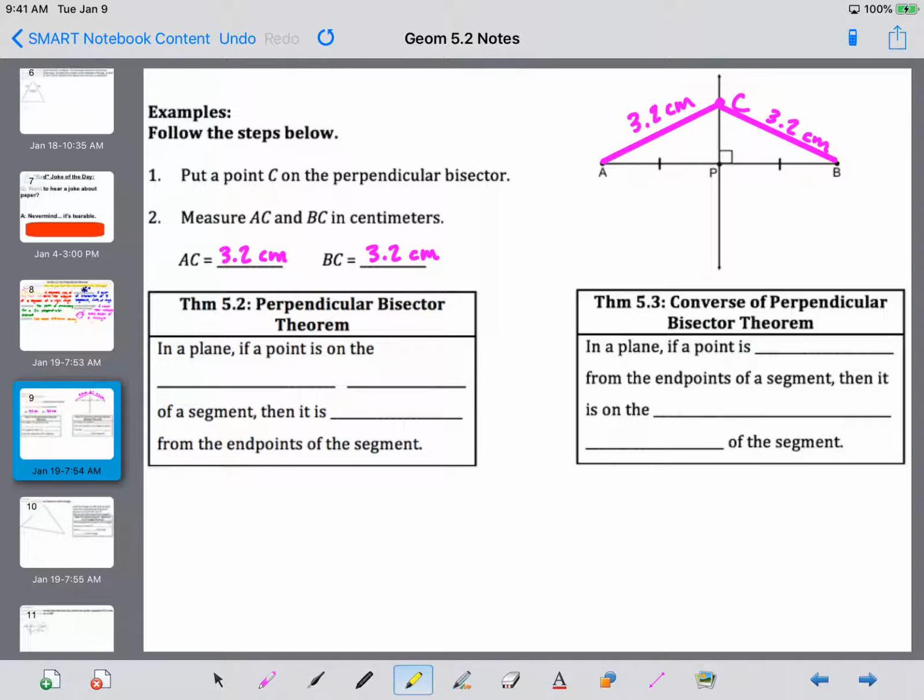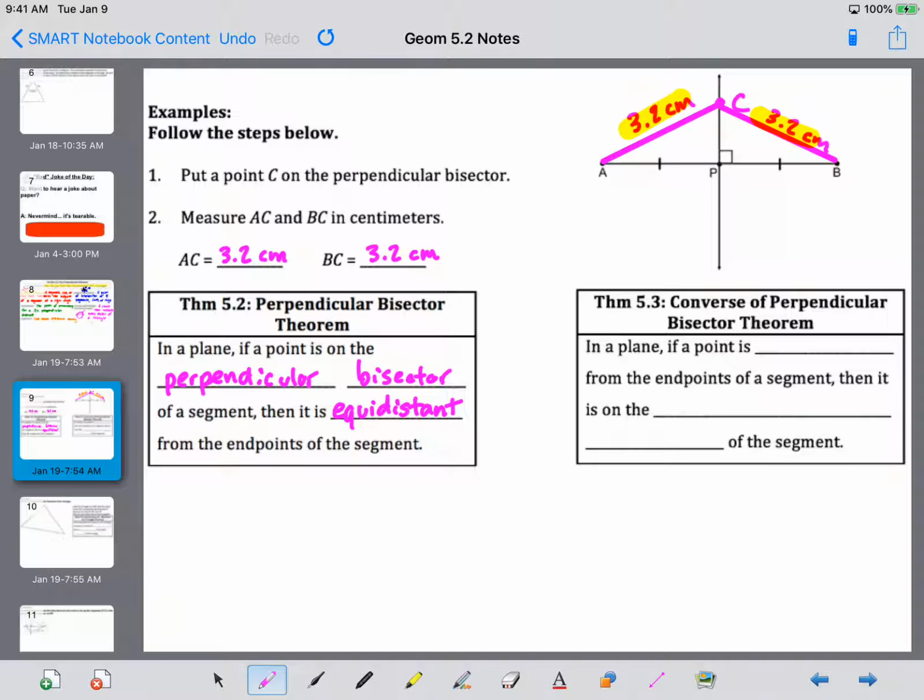You probably noticed that these two lengths were equal. So it turns out that if you have a point on the perpendicular bisector of a segment, then it is equidistant from the endpoints of the segment. All right, and we can see that from this example here. And that actually works both ways.